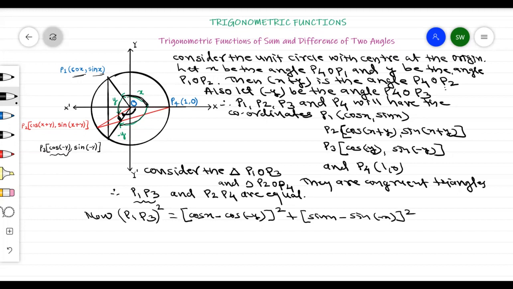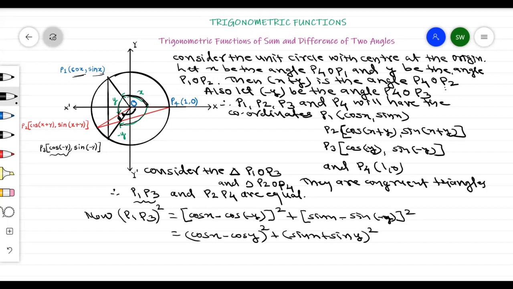Now squaring this, we get cos x minus cos y whole square, since cos of minus y is cos y only, and cos of minus x is cos x. And this is sin x, and sin of minus x is minus sin x, so that will be plus sin y whole square.